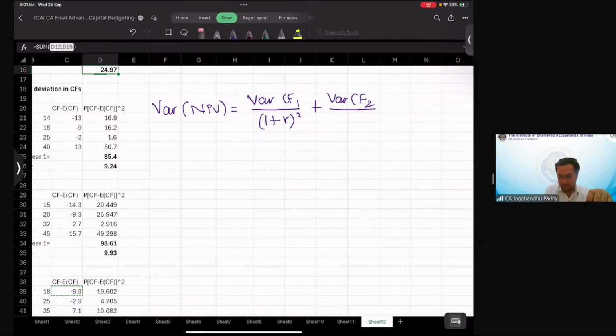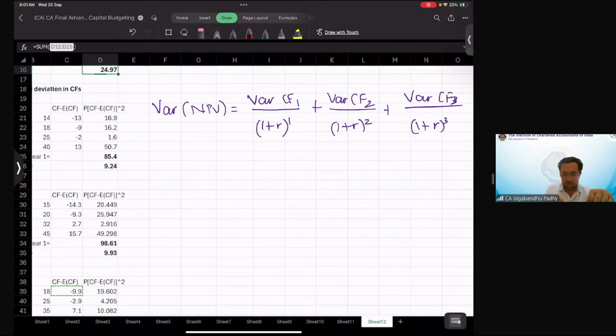So this is 1 plus R raised to 1, this is 1 plus R raised to 2, and the variance of cash flow in year 3 will be divided by 1 plus R raised to 3.